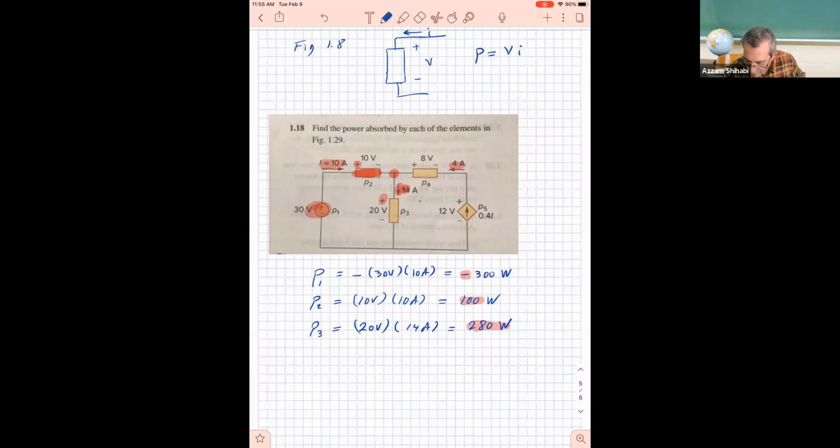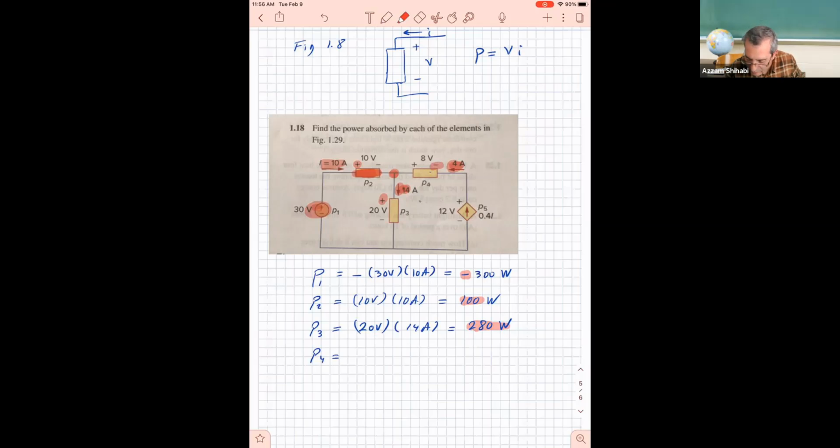Let's go to the next one, P4. Again, focus only on the polarity of the voltage and the current. Now, P4, if you look at the current, is going into the element from which side? From the negative side.